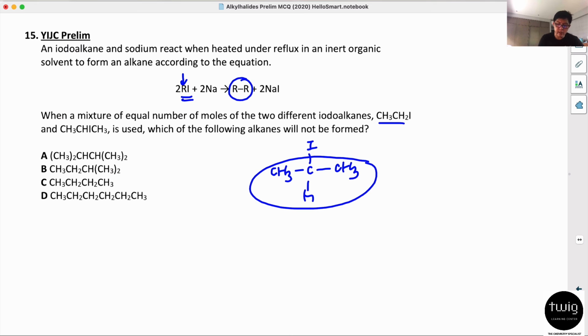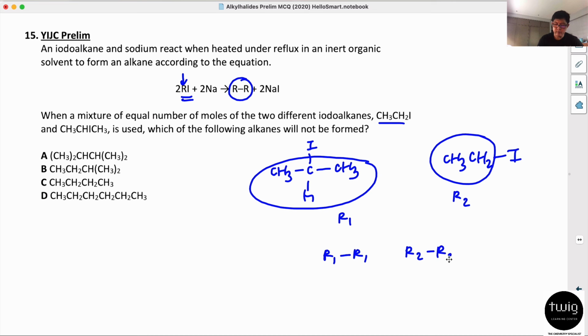This is the R group over here, and the R group for the other one is just CH3, CH2I, but the R group you're looking at is this one. So I'm going to call this R1, I'm going to call this R2. So the three possibilities: you can get R1, or you could get R2, or you can get R1 joining with R2.